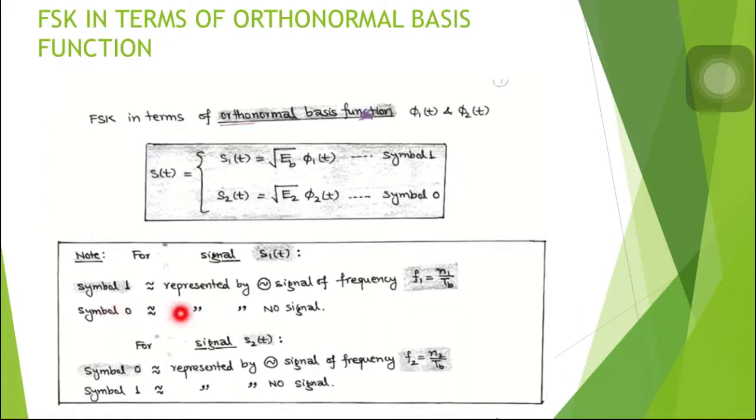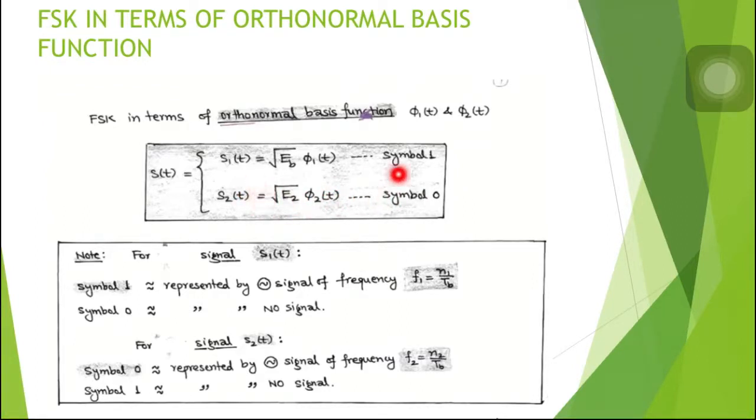In this case, symbol 1 is represented as a sinusoidal signal of frequency f1. Also, symbol 0, that is in signal s2, is represented by a sinusoidal signal of frequency f2.